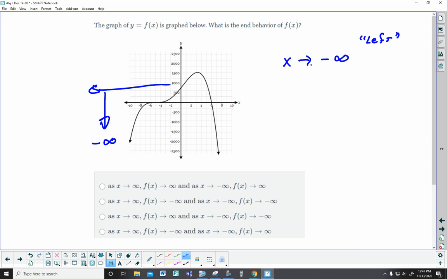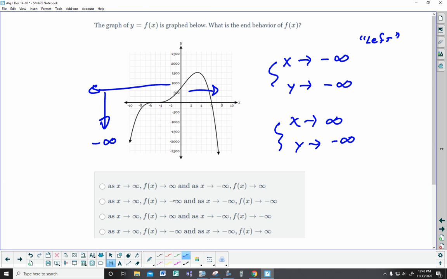As x goes really far left, the y's go really far down. And as you go really far right, the y's also go really far down. It says to look for this pairing. So this is one pair, this is another pair.